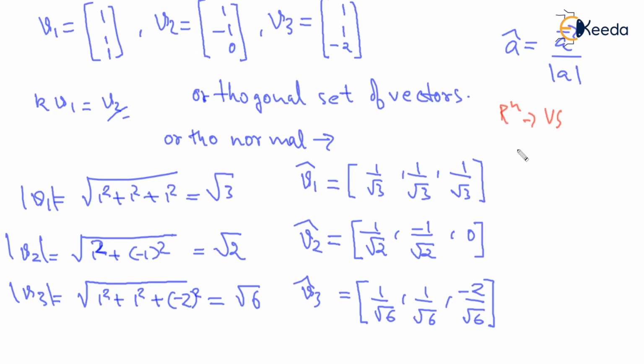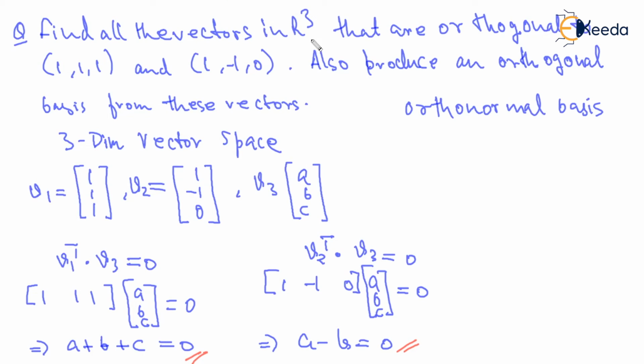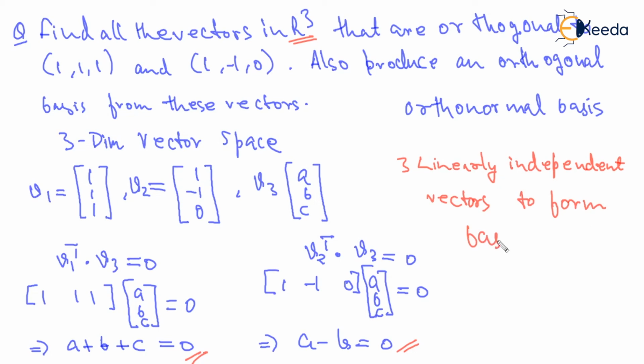This is a three-dimensional vector space, so we need three linearly independent vectors to form a basis, and this will span the entire vector space R3.